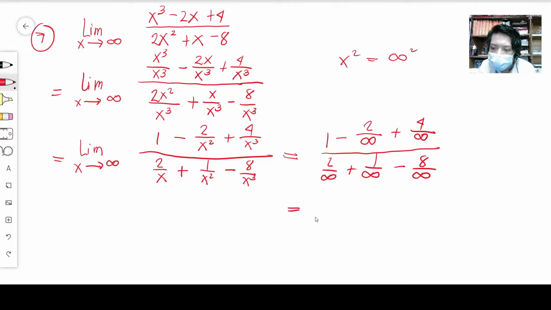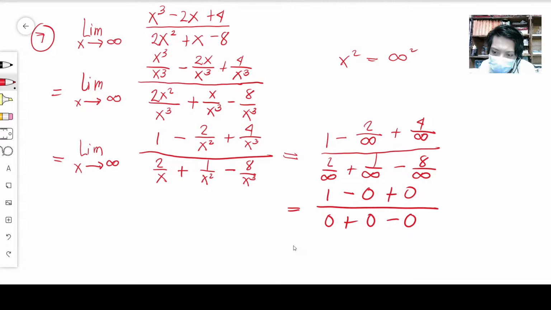Okay. So this is equal to 1. 2 over infinity. Any number divided by infinity is, of course, almost equal to 0. So this is 0 plus 0 over 0 plus 0 minus 0.